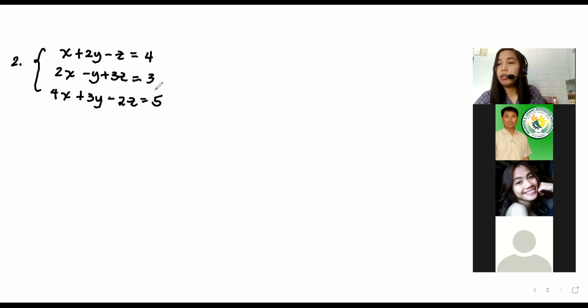So let's double check. The given system is x plus 2y minus z equals 4, 2x minus y plus 3z equals 3, and 4x plus 3y minus 2z equals 5.